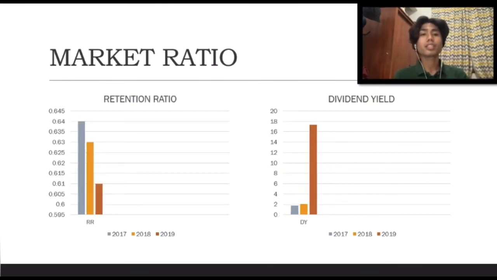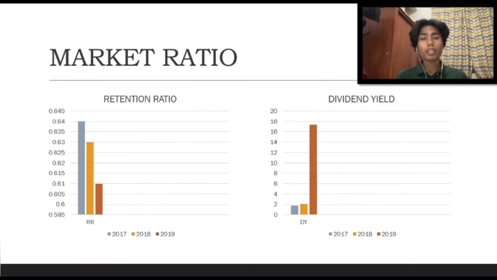Next, retention ratio. As we can see from the chart, this ratio is decreasing from 2017 to 2019. This ratio is the opposite of DPR. Retention ratio indicates the portion of earnings after tax that is kept back as retained earnings. The decrease of the ratio shows that the company is inefficient in retaining the earnings that it should retain.